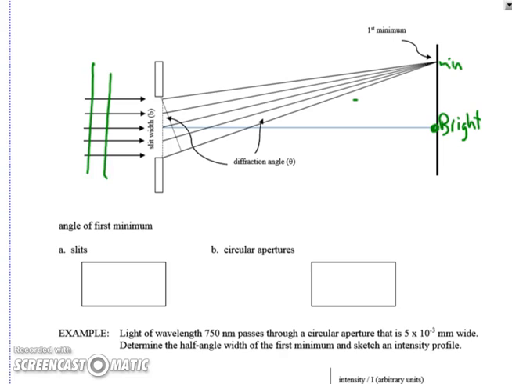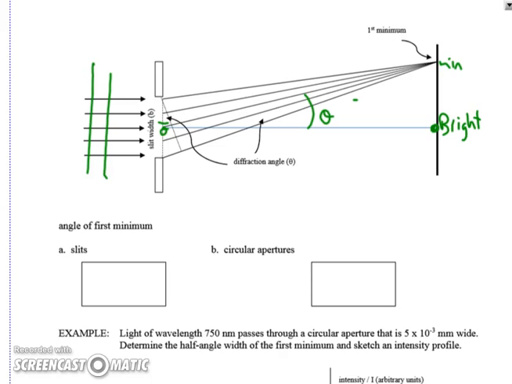Now the question is, what angle does it occur at, and why is it the way it is? So let's break this down a little bit. We have here a situation, the angle chosen right here. If we measure up from the central bright spot to here, there's our diffraction angle. That is going to be the same as that angle right there.